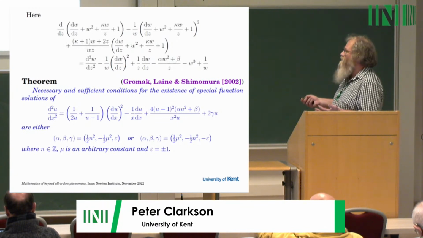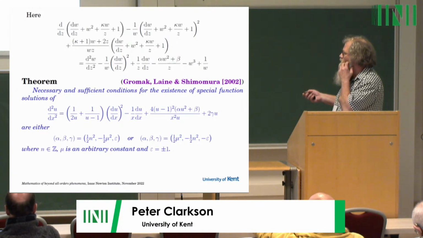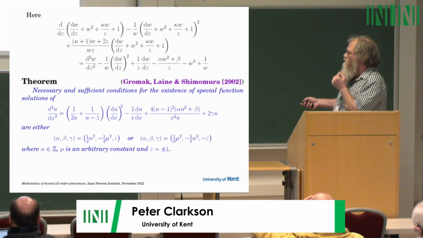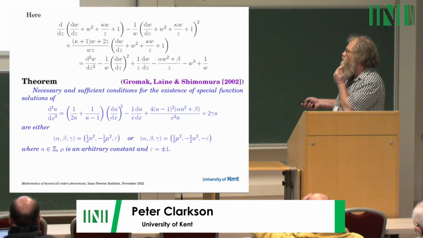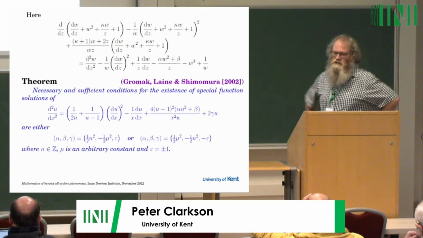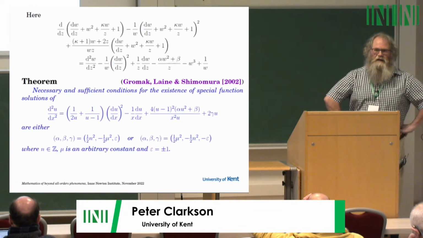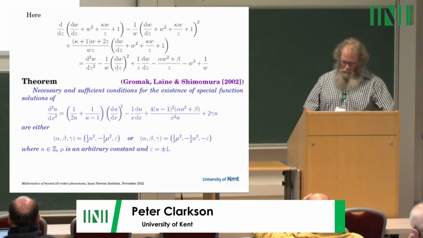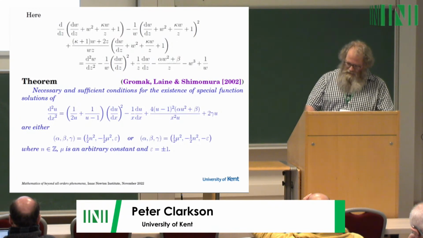Now, Gromak, Laine, and Shimomura stated that it would have special function solutions, just based on when you have them for Painlevé A3. That's not difficult to work out. You can actually have them.